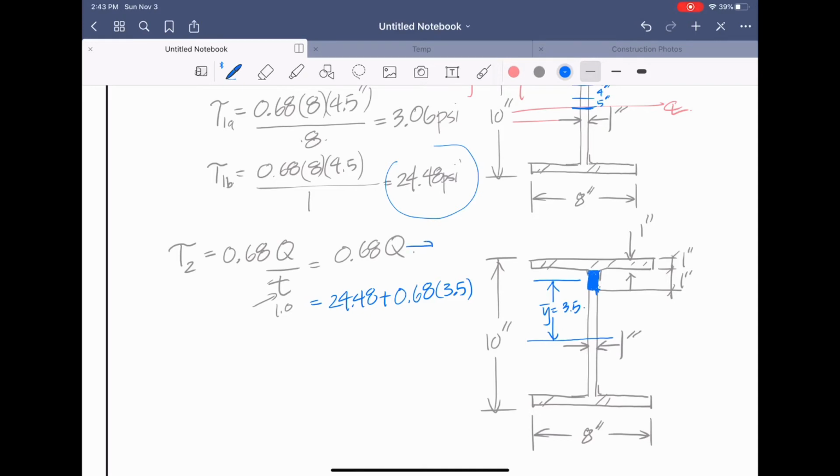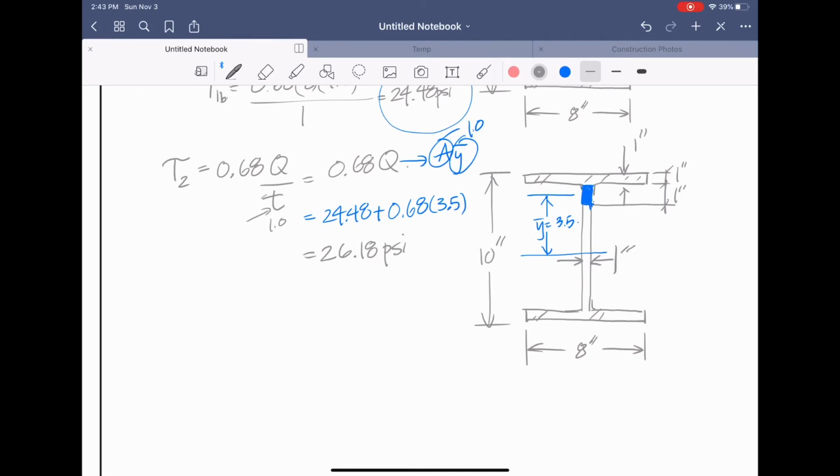Why? Because Q is equal to area times Y bar. Area is equal to 1.0, so we're just looking at Y bar now. And that is equal to 26.18 psi. See what we're doing?